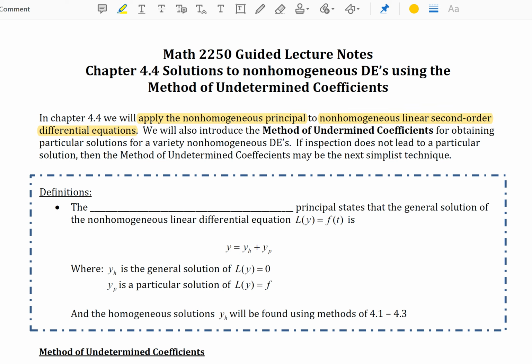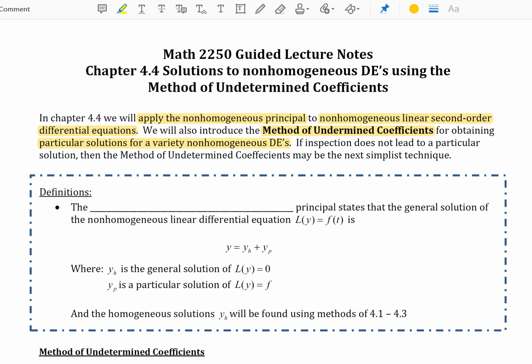We will also introduce the method of undetermined coefficients for obtaining the particular solution for a variety of non-homogeneous DEs. If inspection does not lead to a particular solution, then the method of undetermined coefficients may be the next simplest technique.